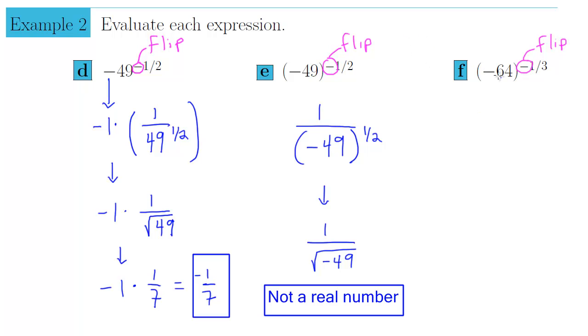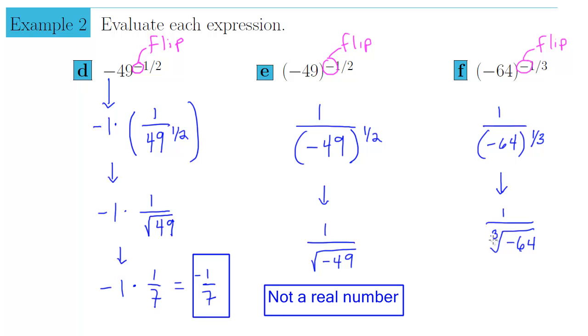All right, because this -64 is in parentheses, I'm going to put 1 over -64 to the positive 1/3 power. Right, flipping got rid of my negative. Now I'm going to rewrite the 1/3 power as a radical. So 1 over the cube root of -64.